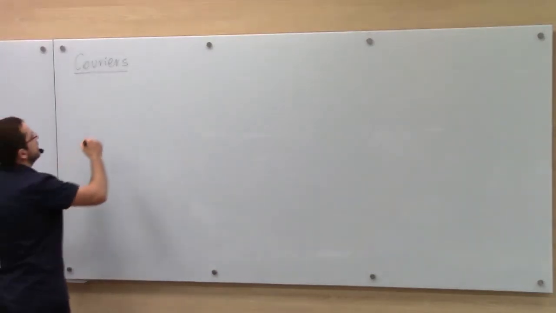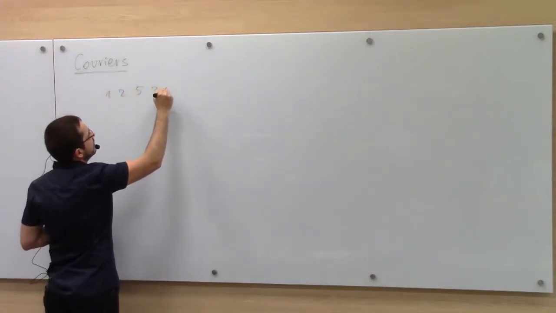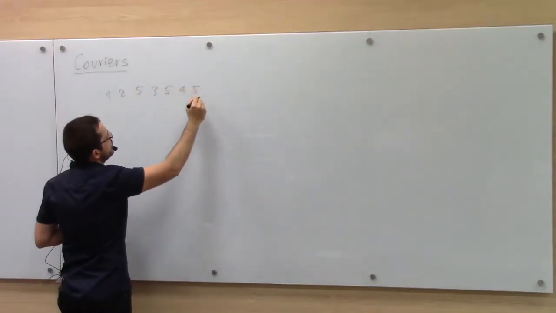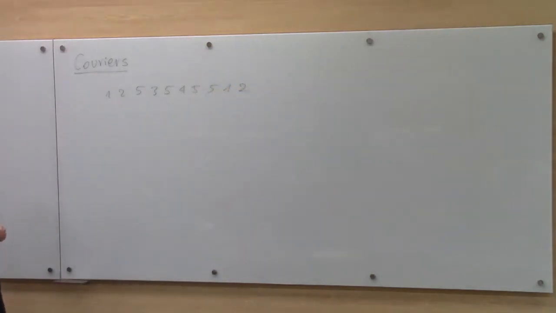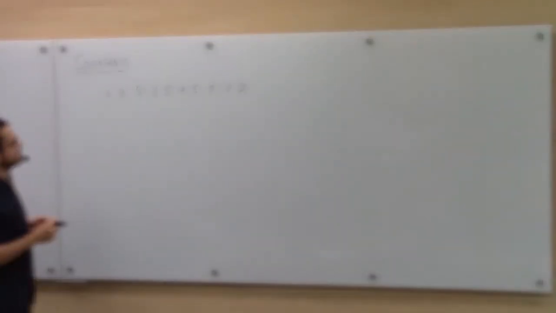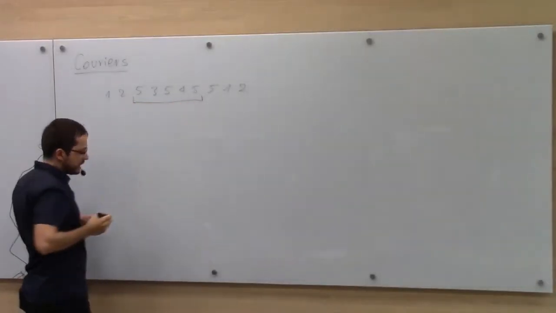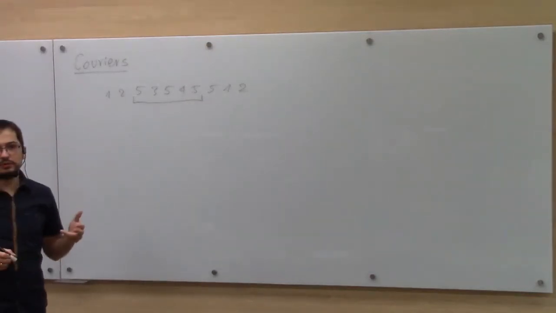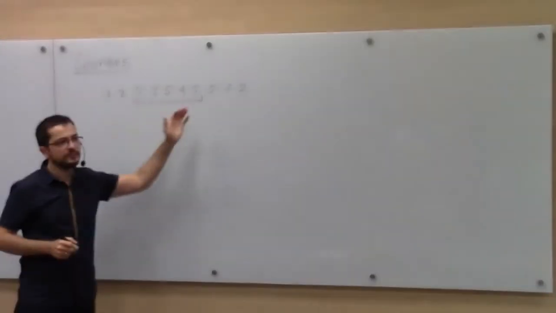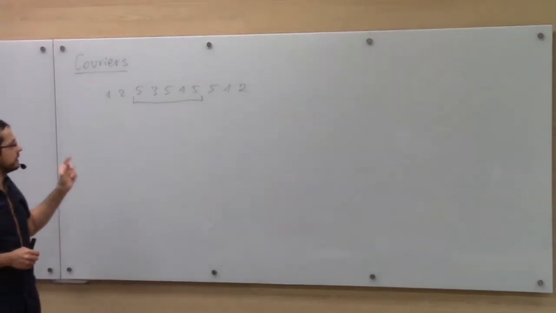So basically, you have a sequence of numbers, and you have some queries to answer. Each query talks about a segment of this sequence. For instance, we can ask about such a segment, and the query is as follows: you have to find a number in this part of the sequence which occurs at least half of the times.